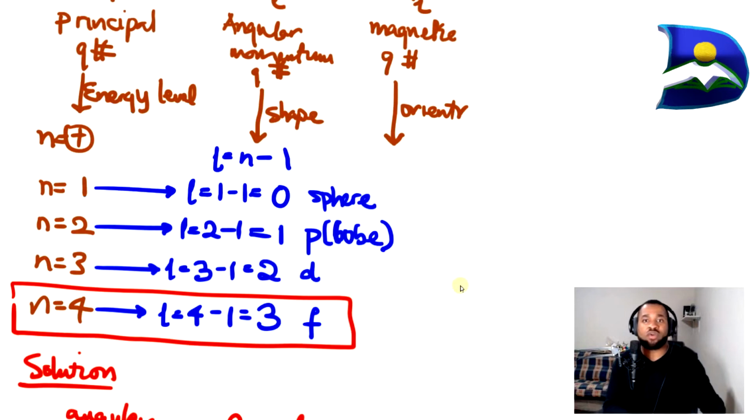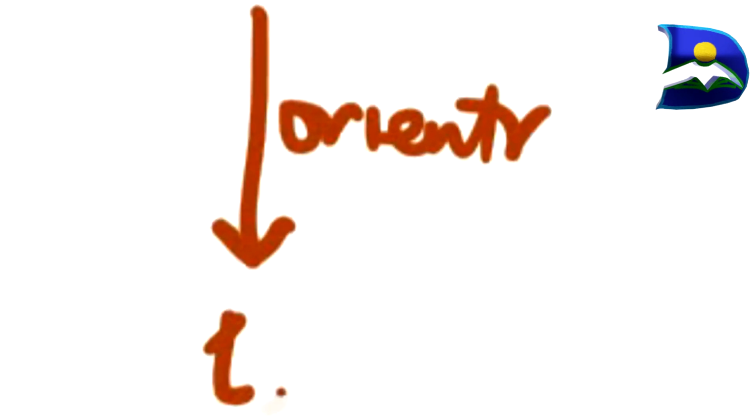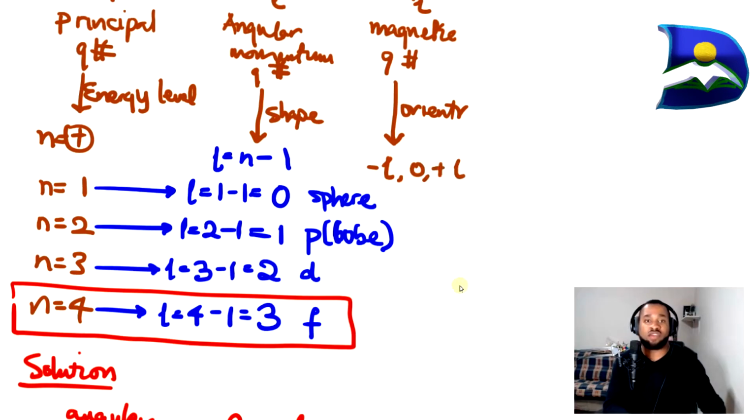We know that ML is an integer present from negative L to 0 and to positive L. So, applying it to this particular example, where L is equal to 3, it means that we're going to start from negative 3.